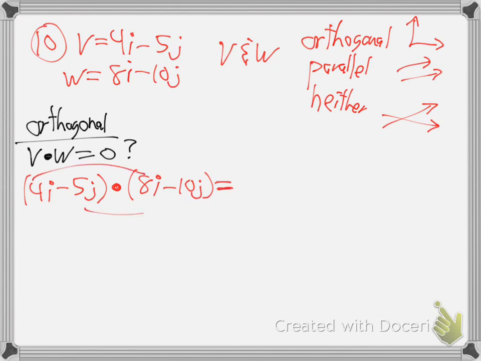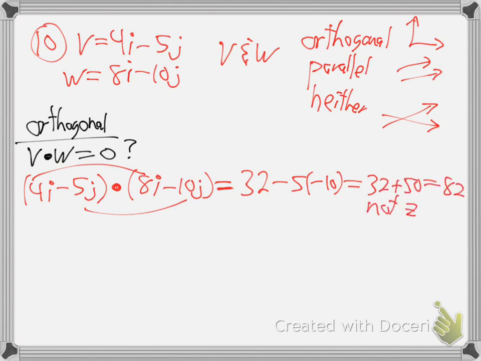So I times I, j times j, drop the i's and j's. 32 minus 5 times minus 10 would be 32 plus 50. It's 82. It's not 0. So no, they're not orthogonal. So far, so good? These vectors are not 90 degrees with each other.